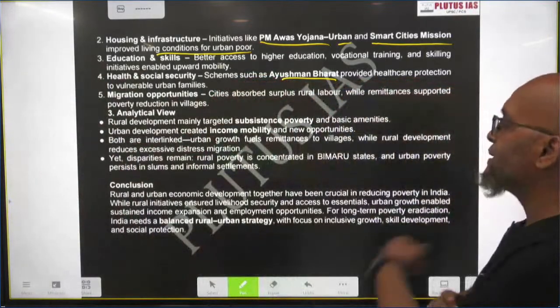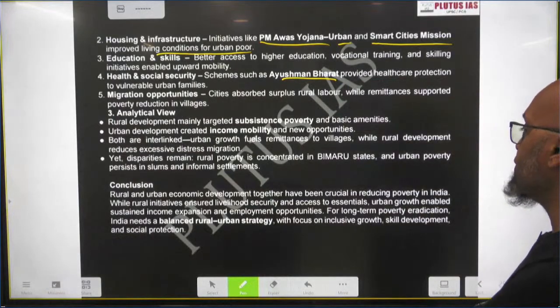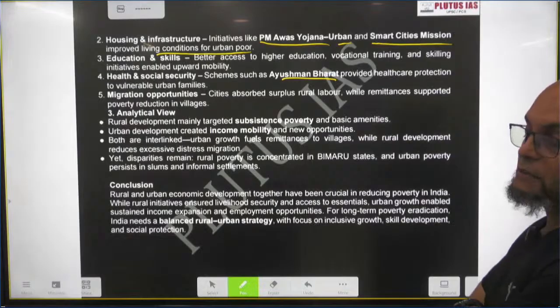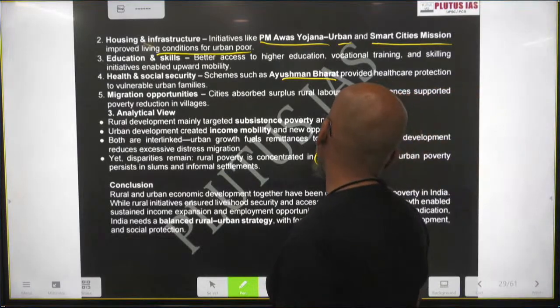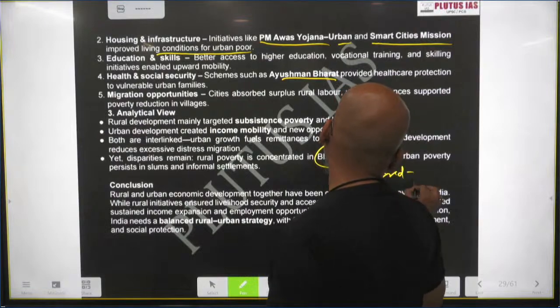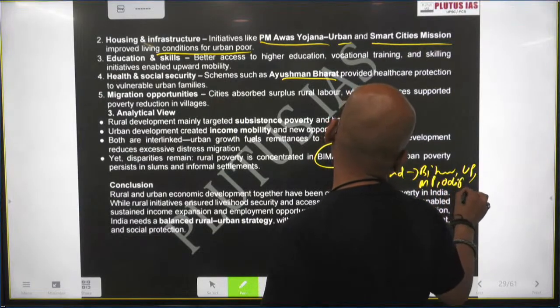Yet disparities remain. Rural poverty is concentrated in Bimaru states. Bimaru means diseased. Bihar, UP, MP, Orissa, all these come under it.